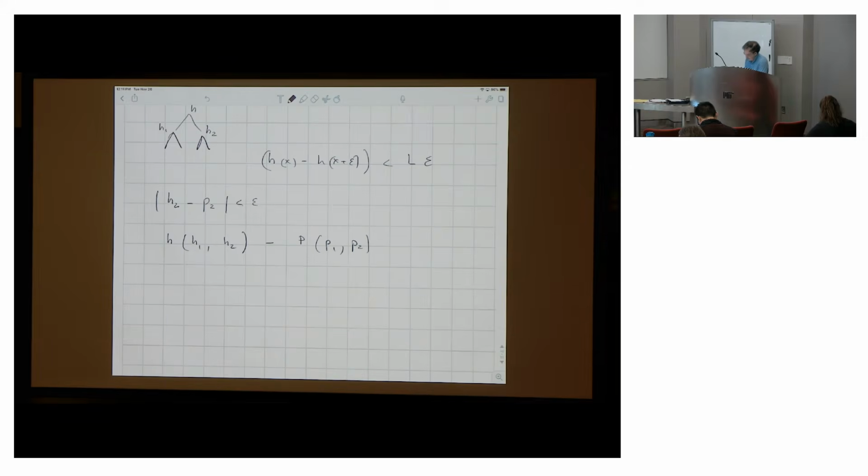In other words, P1 and P2 are approximations of H1 and H2, and P is an approximation of H. P2 and P1 will have some error. I want to see what happens to the total error. And so I write this as, I'm rewriting without changing anything, but I add and subtract this.